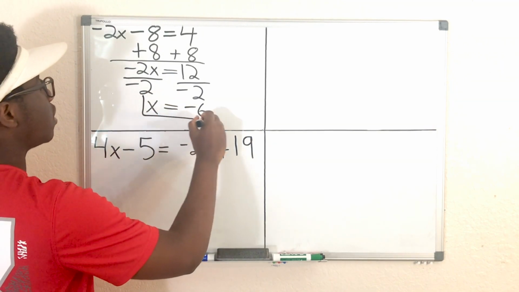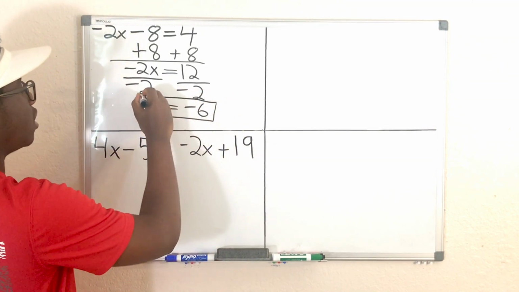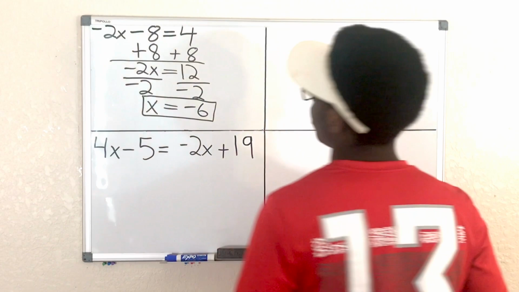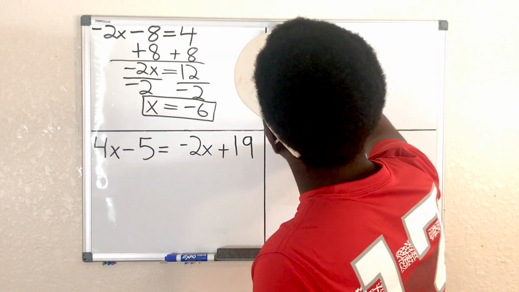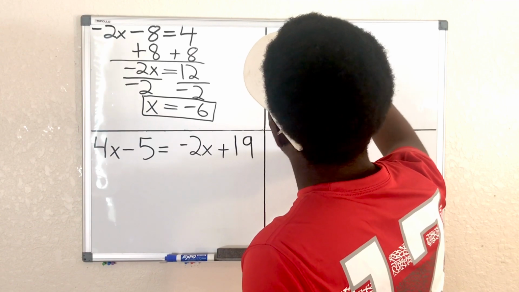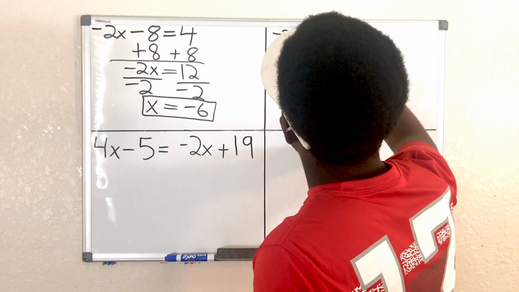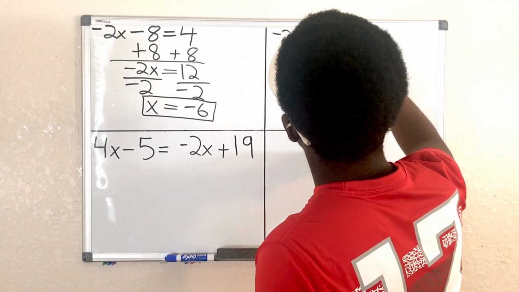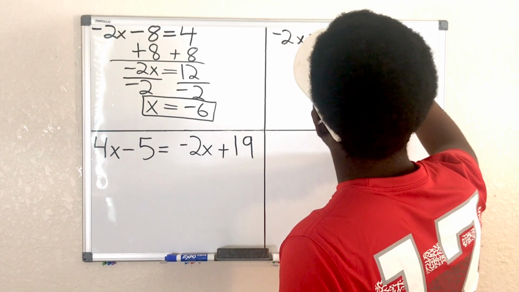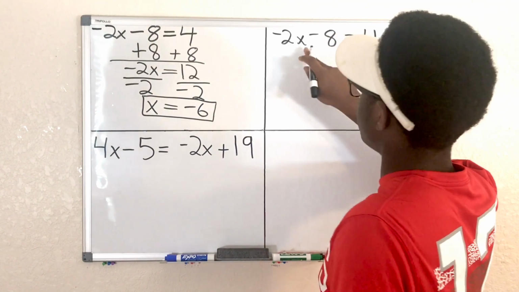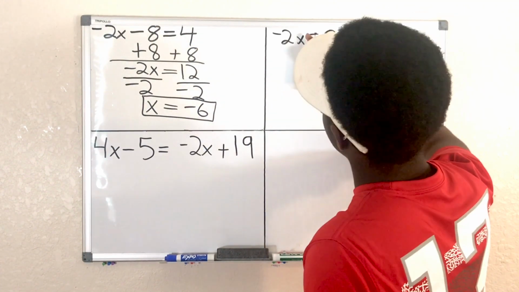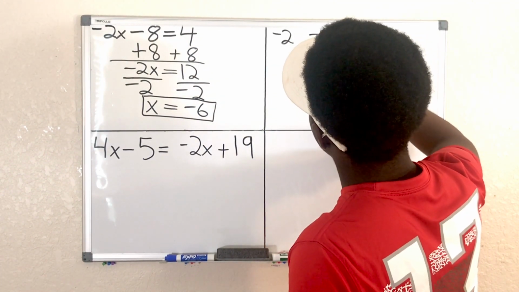Box your answer and check just to be sure. Always check your answer because, of course, it's a longer process, yes, but you're certified and you just know that your answer is correct. Negative 2x minus 8 is equal to 4. Now we can substitute this x for our answer here, which is negative 6.